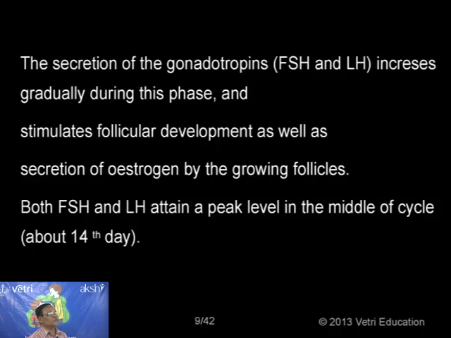Now, the FSH and LH from the anterior pituitary are normally called gonadotropins. You know that FSH and LH are considered gonadotropins because they stimulate the gonads to carry out some activities, hence the common name gonadotropins. Their levels gradually increase, both FSH and LH.